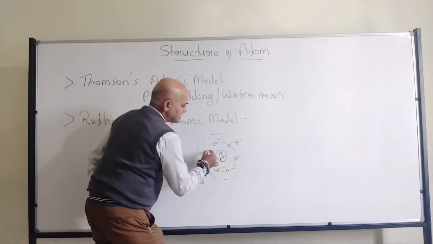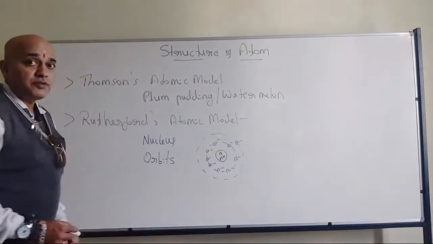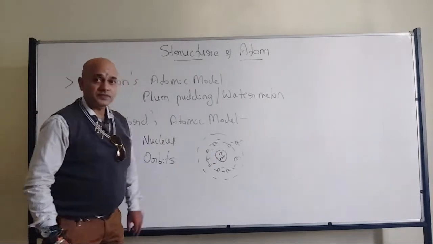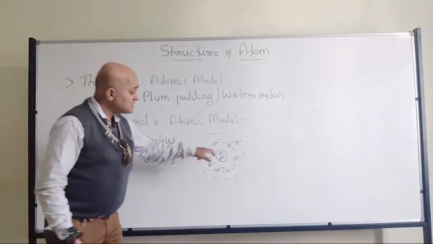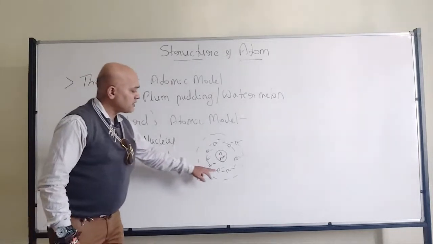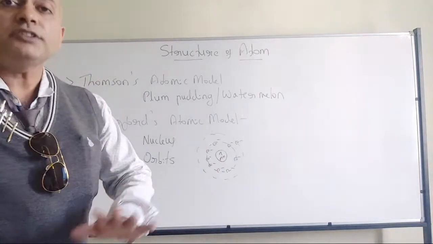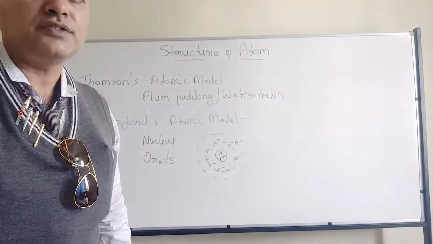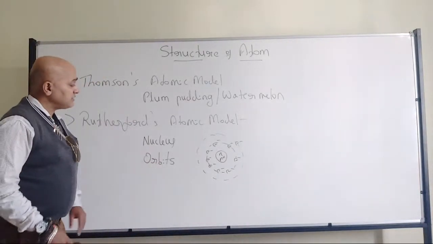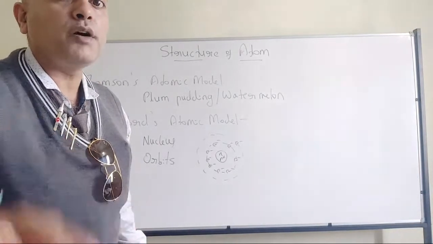He compared the nucleus to the sun. Proton is inside the nucleus. The orbits where electrons revolve he compared to the planets. It's not the proton, it is the electrons. Fine. So that's where we have the postulates of Rutherford's atomic model.